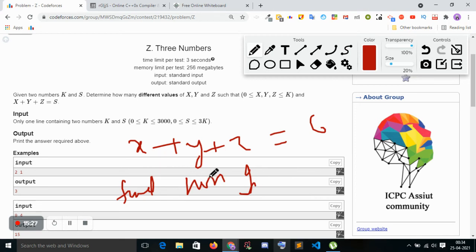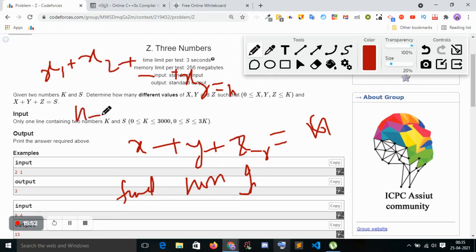So find the number of integral solutions for these conditions, like how many possibilities. If x1 plus x2 plus dot dot plus xr equals n, with r variables, then the formula is n plus r minus 1 C r minus 1. So let's try to prove it, and we are going to solve this problem.